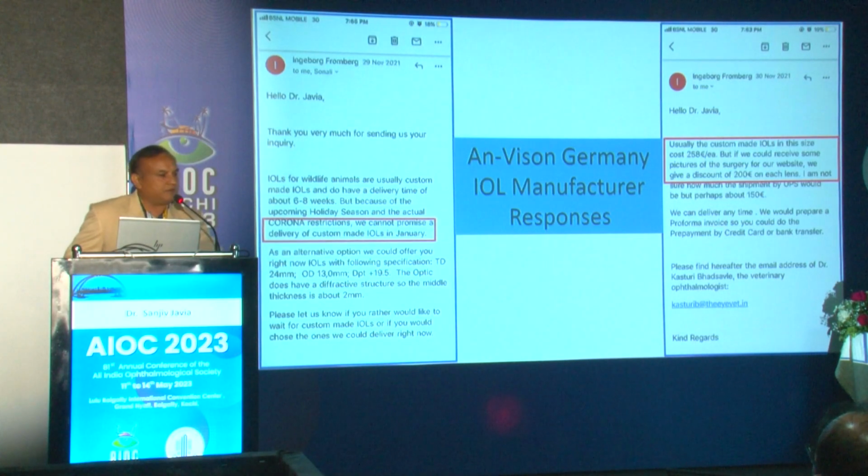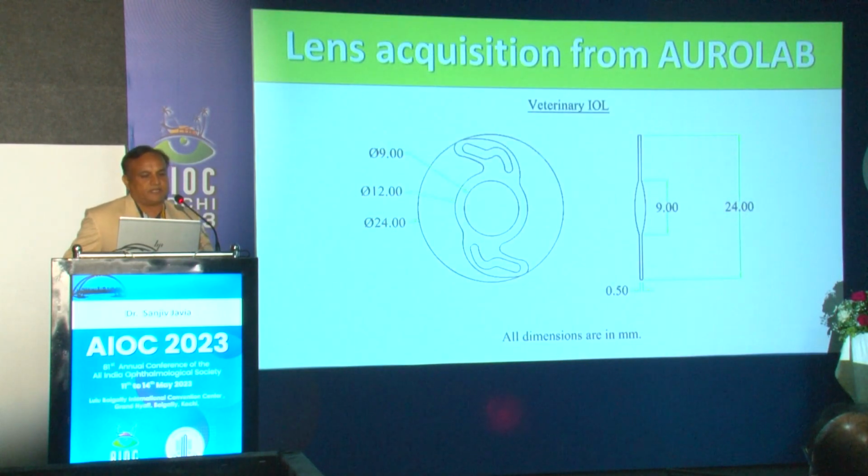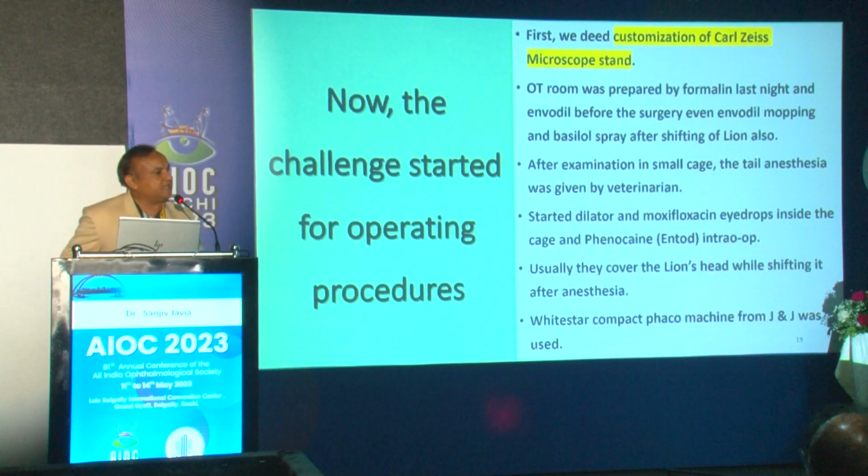He tried to give us lenses of a horse, but it did not fit; the size was not matching. Finally, Aurolab Care Group made this veterinary IOL of this size, 24 millimeter, 9 millimeter optics, hydrophobic IOLs.